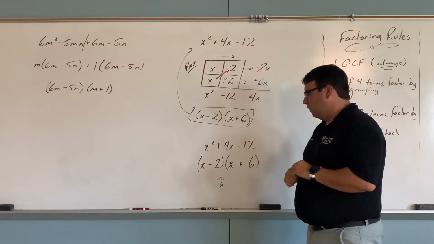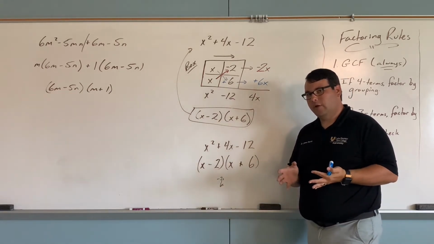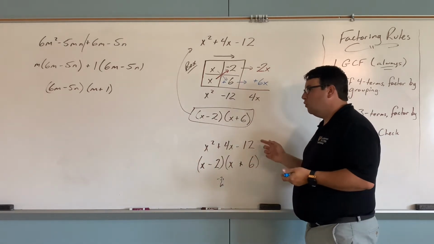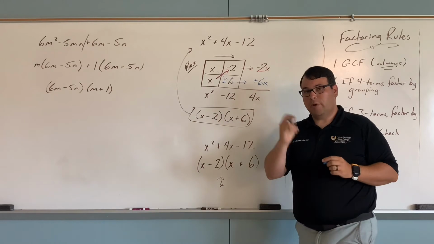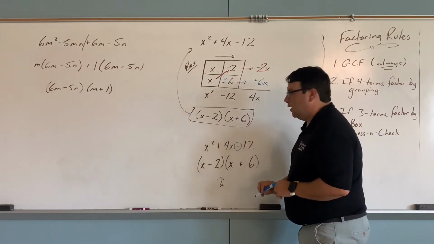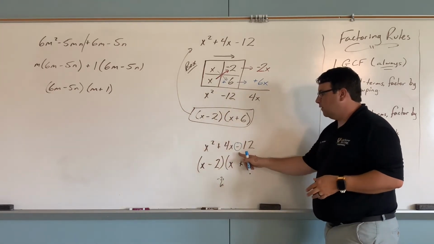So the two components that you have to focus on whenever you're doing guess and check is that you must pay attention to the signs. I'm going to use my blue marker for the first note. You have to interpret this last sign first. As you're looking at this last sign, it is negative.